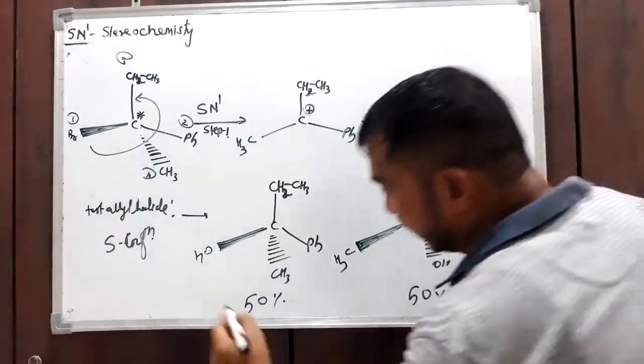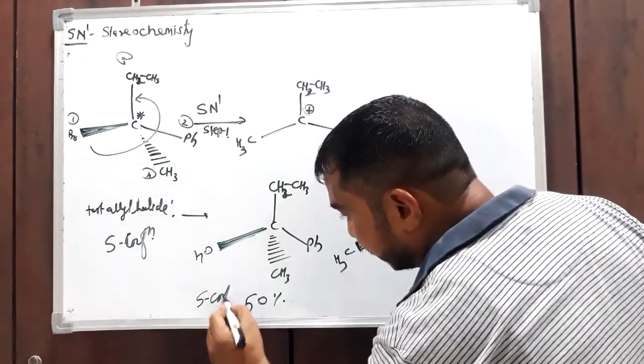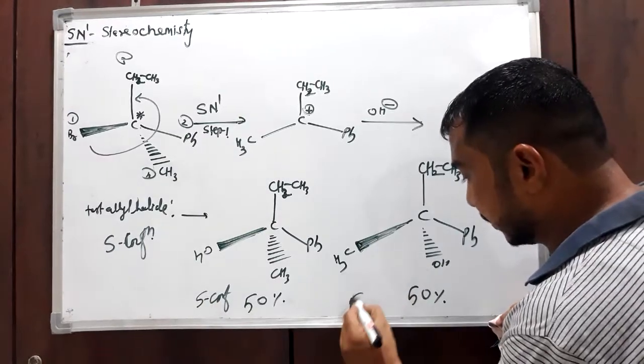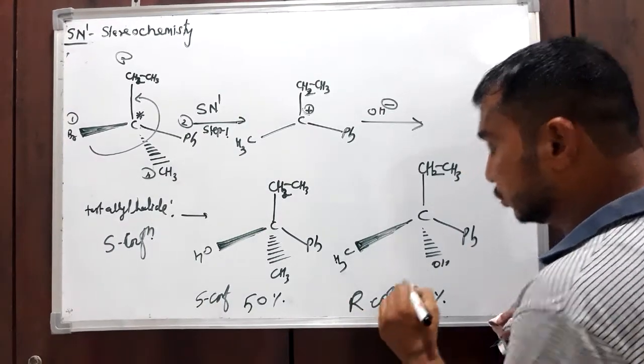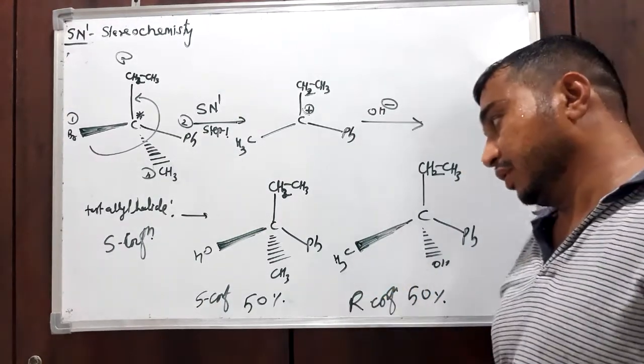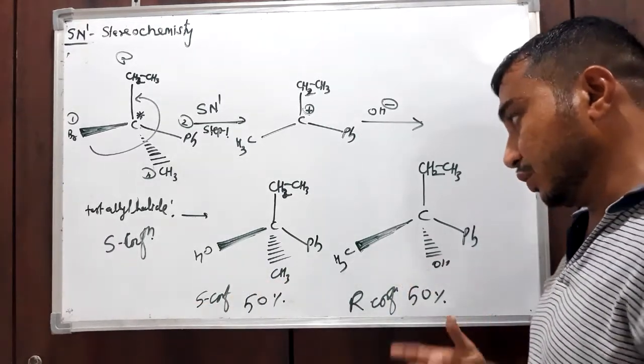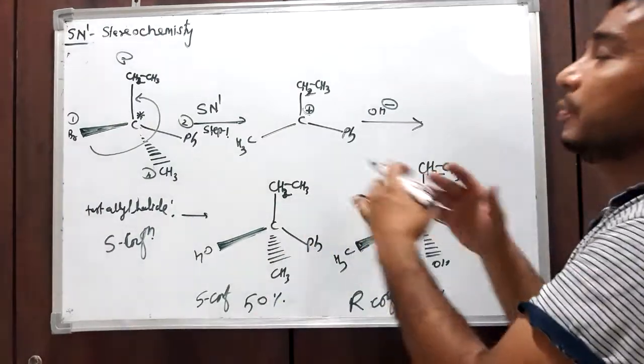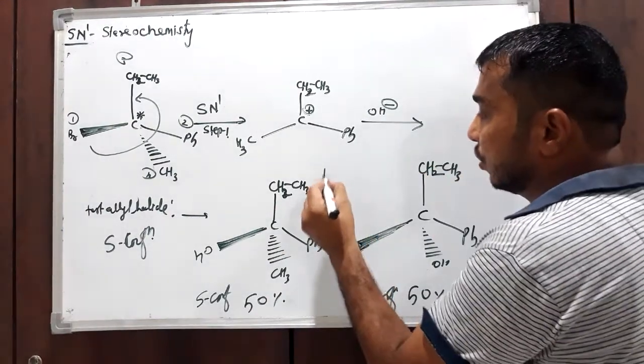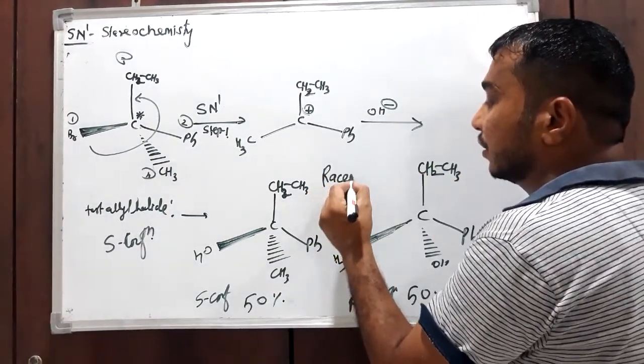Therefore this is also S configuration, and this one has R configuration. So this product contains a mixture of 50% S form and 50% R form. That is called a racemic mixture.